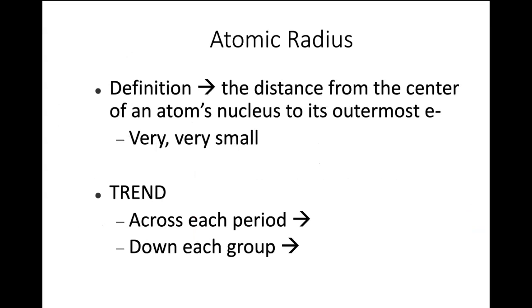All right, another trend that you need to be aware of is atomic radius. If we take a look at an atom, this is roughly what we've taken an atom to look like: the nucleus in the middle and the electrons outside of the nucleus. We now know they're a little bit more organized than previously thought.